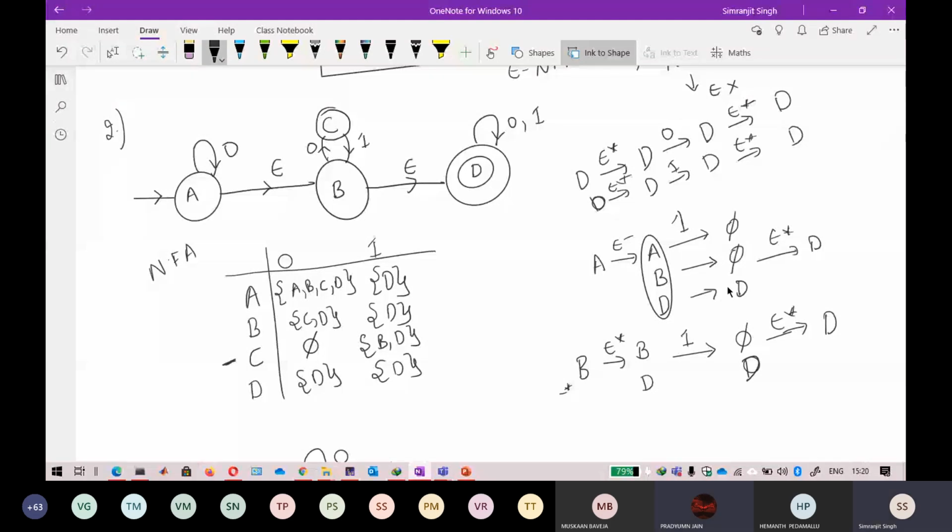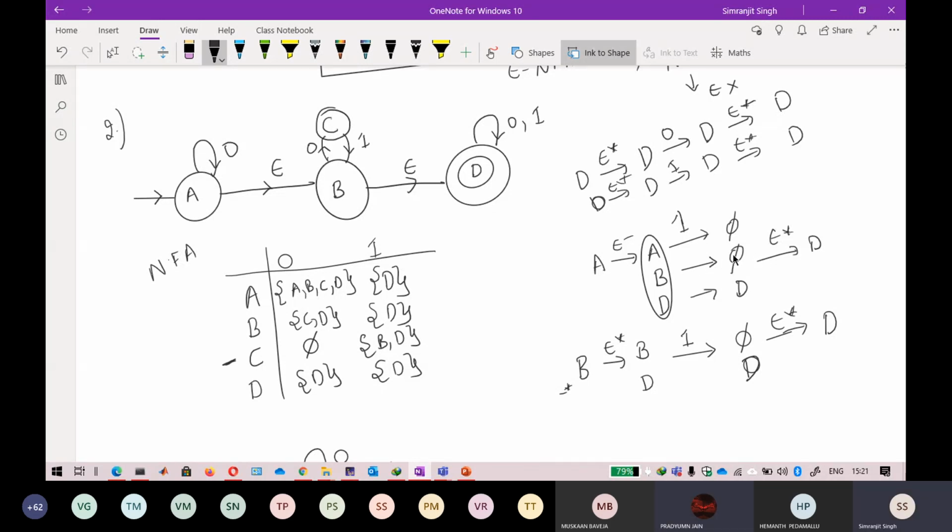The epsilon closure only consists of those states which we can reach by epsilon moves, and the state itself. The state itself, and every other state reached with epsilon as the input. All right, sir. Okay.